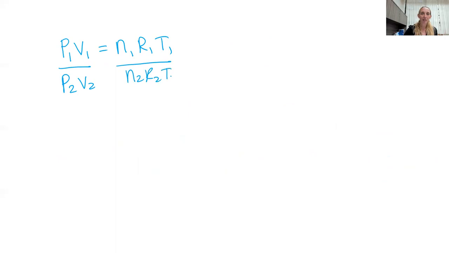Instead of trying to memorize all of those individual gas laws and see what's changing and how the proportions change, the way that I memorize this is P1V1 over N1R1T1 equals P2V2 over N2R2T2. And so the values of 1 are when you have the gas in one set of conditions.